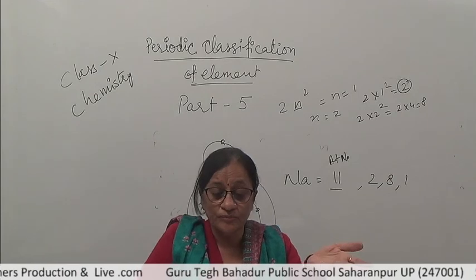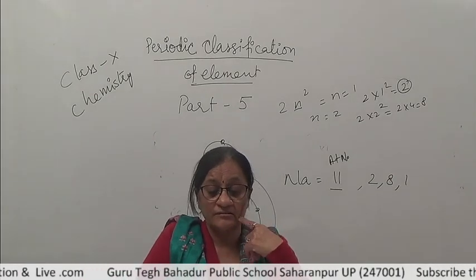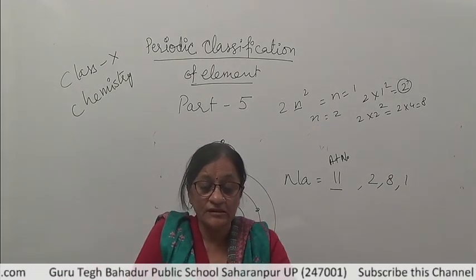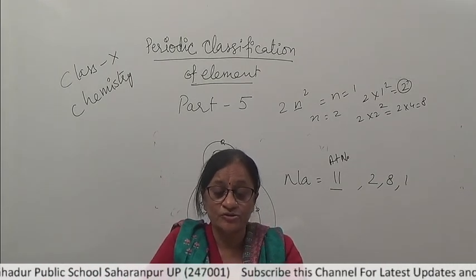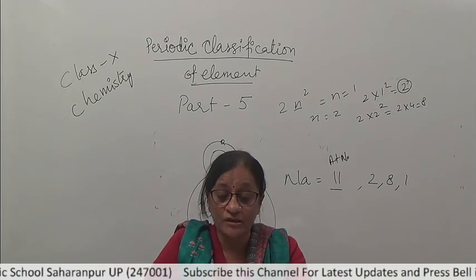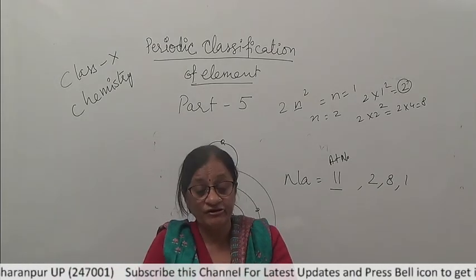When the number of shells increases down the group, the attraction between the nucleus and the valence shell decreases.